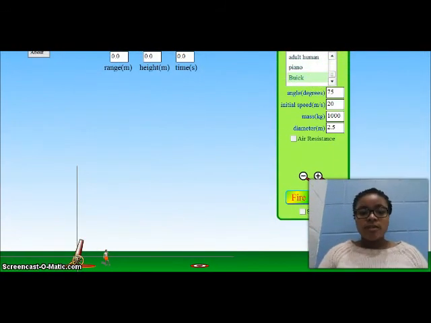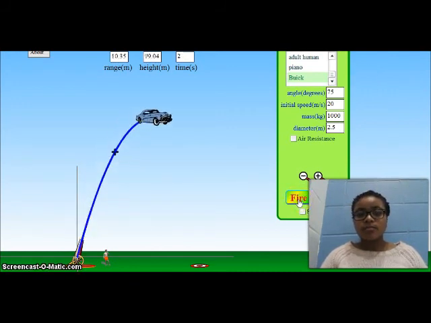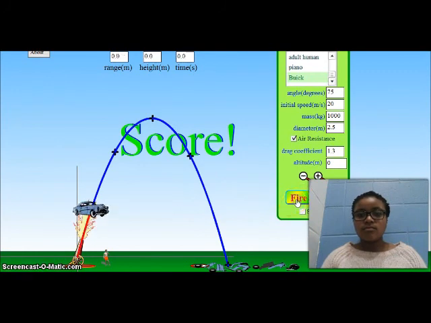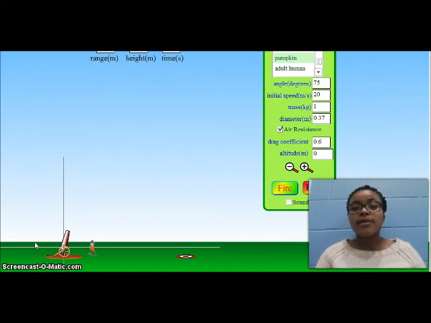With the introduction of air resistance, you can see that objects do not travel as high when affected by air resistance. So first, we're going to fire the Buick without air resistance. And next, with. Previously, we showed that objects of different masses have the same trajectory when air resistance is not taken into consideration.